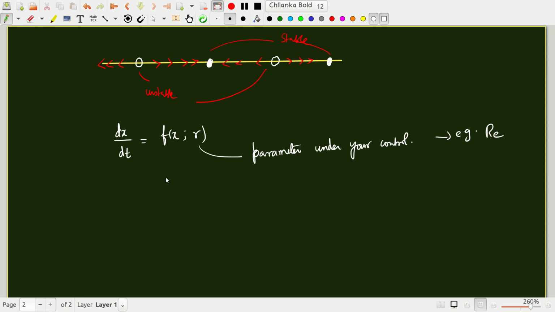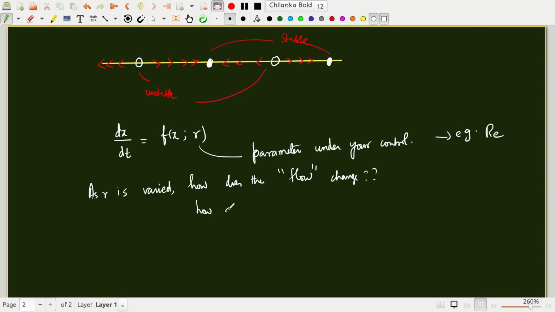Now we want to understand how the steady states or fixed points and the qualitative structure of the flow change as the parameter is changed. As r is varied, how does the flow, I mean the trajectories in the phase line or phase space, change?